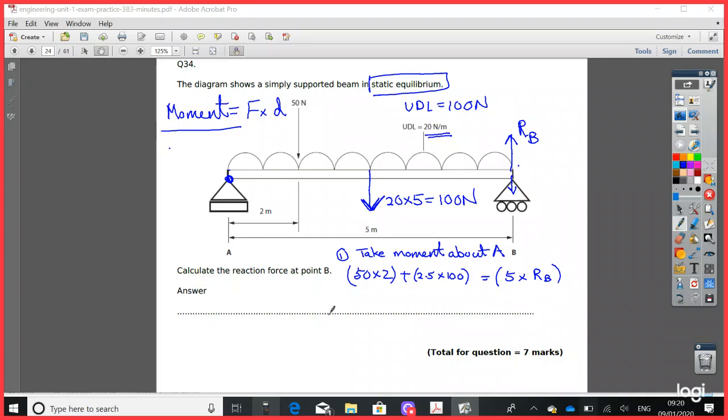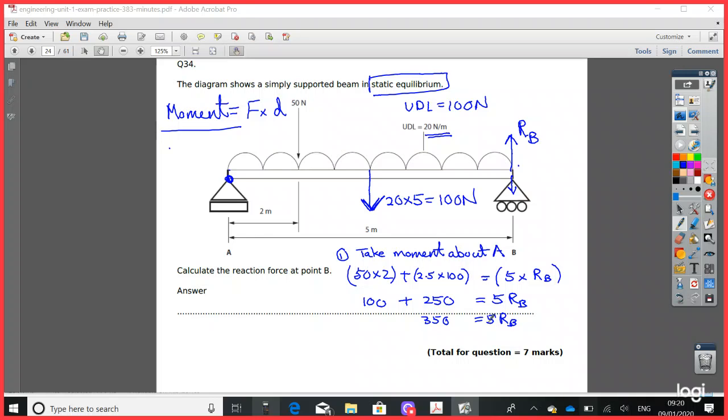So, in other words, we can tidy this up and say that this is 100 plus 250 equal to 5 RB. We can add that together to get 350 equal to 5 RB.